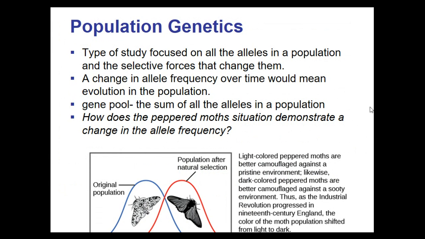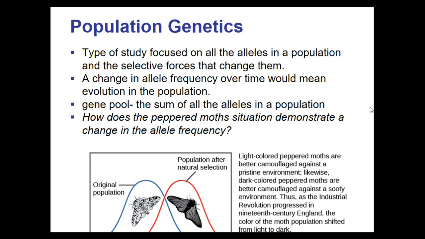It comes in two colors, the light gray ones and the dark ones that are almost black. There used to be more of the gray ones than the black ones, because the black ones on a gray tree trunk are more obvious, more visible to predators like birds that like to eat them.